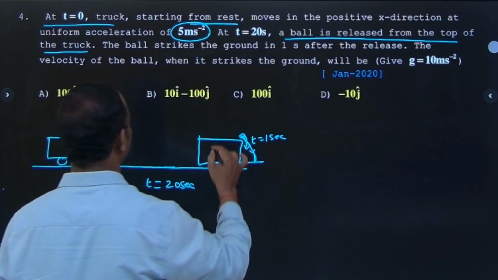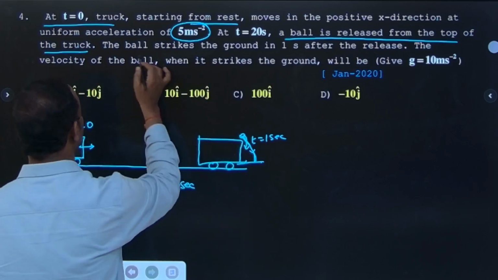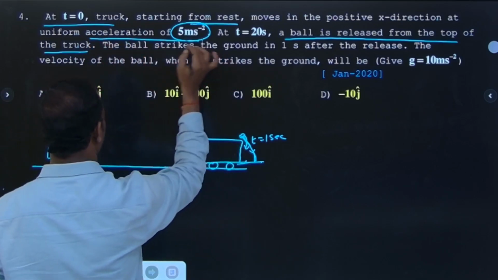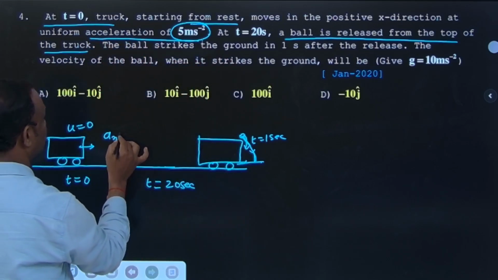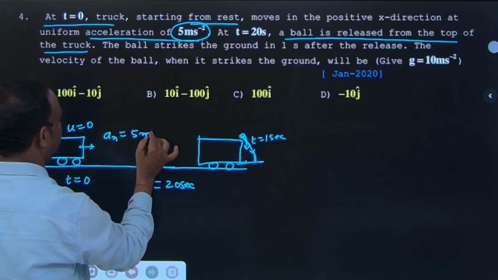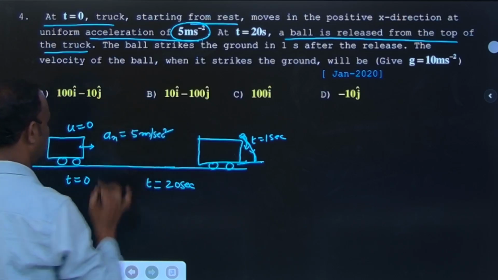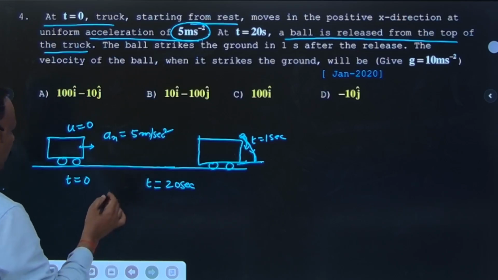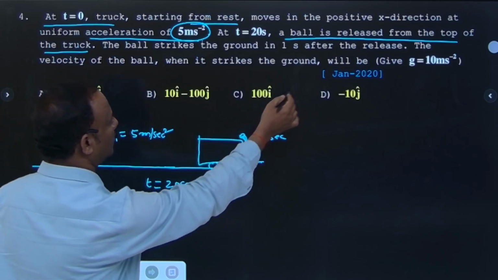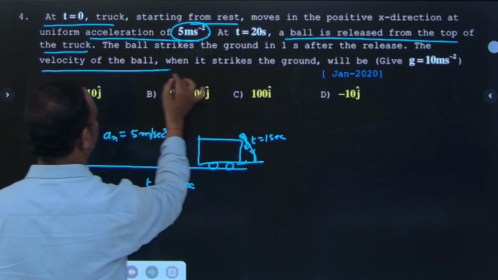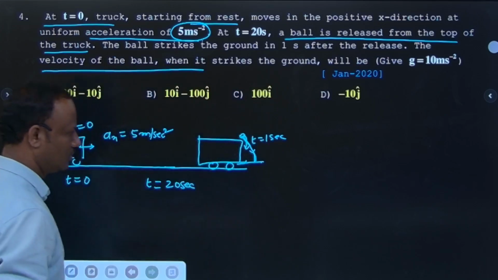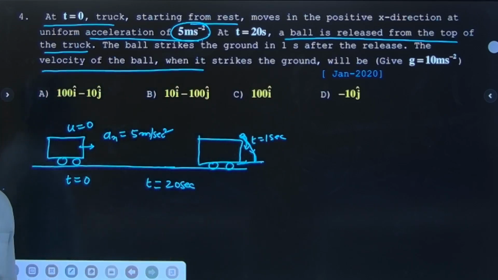The acceleration along the x-axis is ax equals 5 meter per second square. First, I should find the velocity of the ball when it strikes the ground, so the horizontal and vertical components of velocity are to be taken.